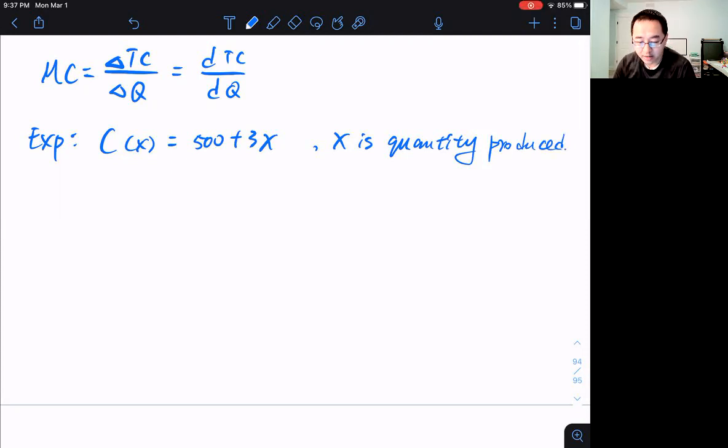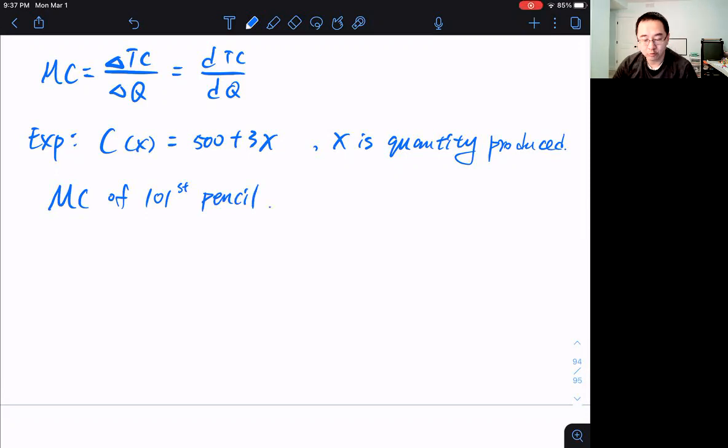Okay, so now if I were to ask you, what is the marginal cost of producing the 101st pencil? So the quantity is, let's say, pencils produced.